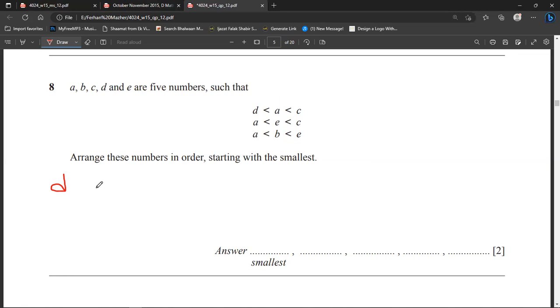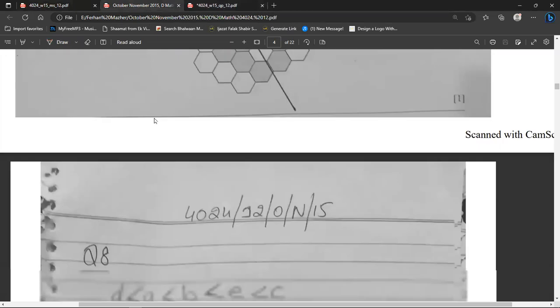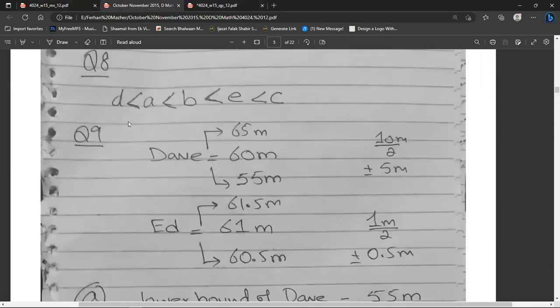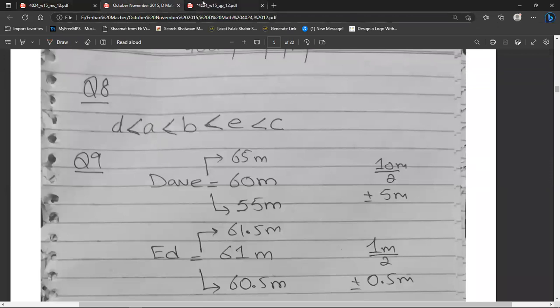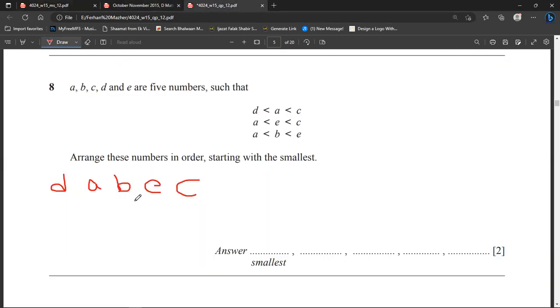Then you have A. Then B. Then you have, I think, E. And then you have C. So I think D, A, B, E, C. So it's just a common sense question. D, A, B, E, C, and this is my answer, sir.